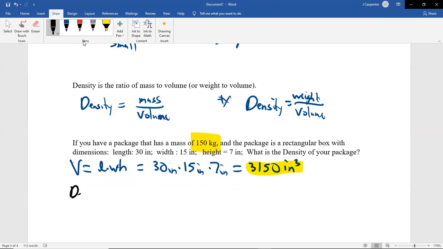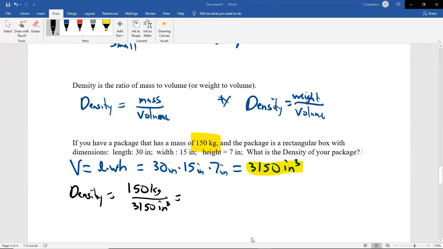So the density, the mass, was what we were given, which is the 150 kilograms, divided by the volume, which was the 3150 cubic inches.